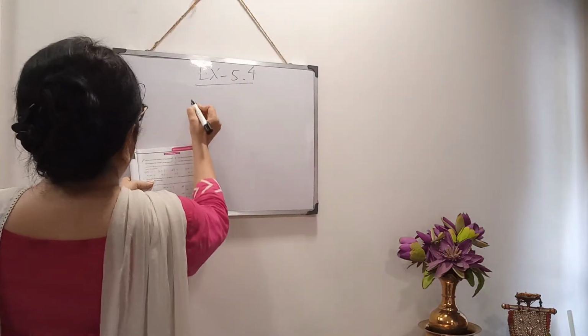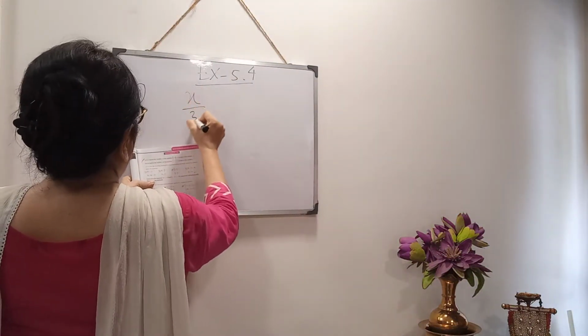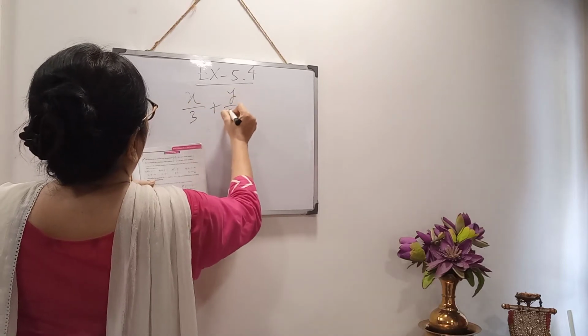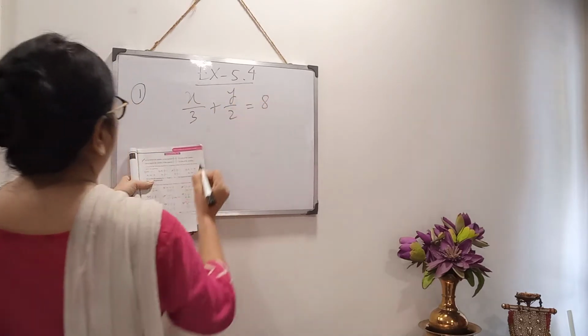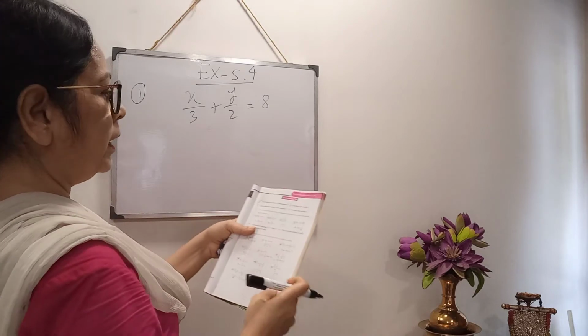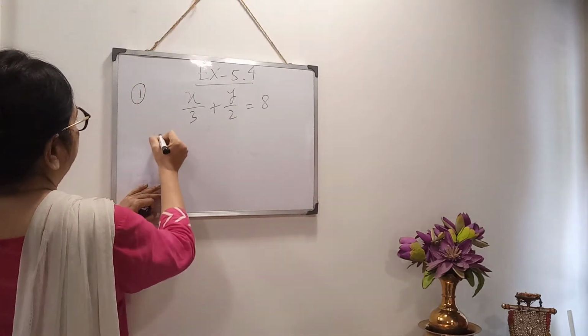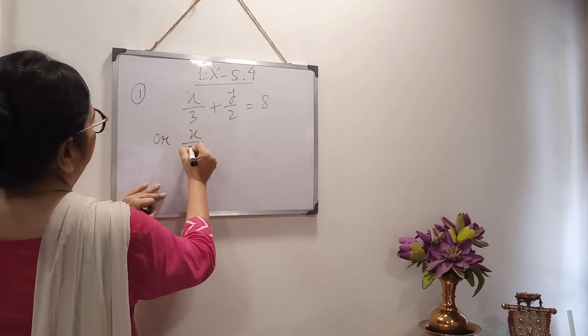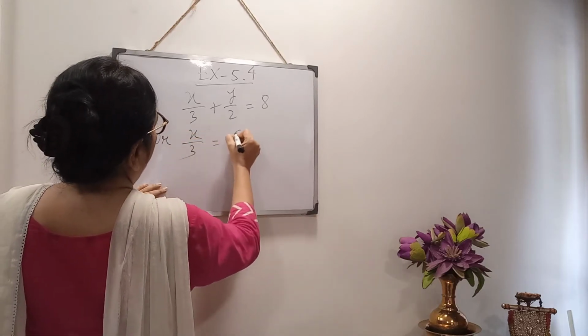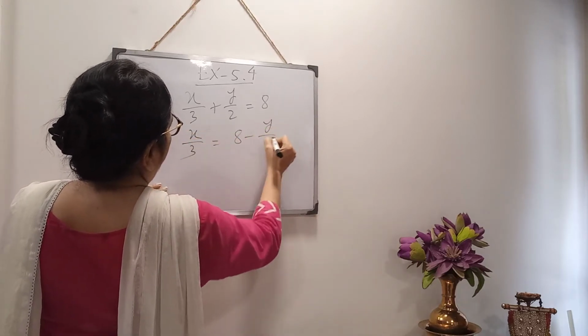First, this is told that it is given x by 3 plus y by 2 equals to 8. Express x in terms of y. So what to do? X related term, left hand side will keep left hand side and y take right hand side.